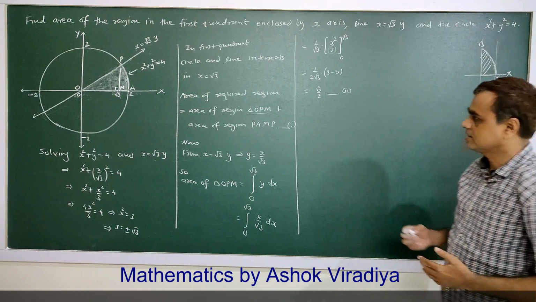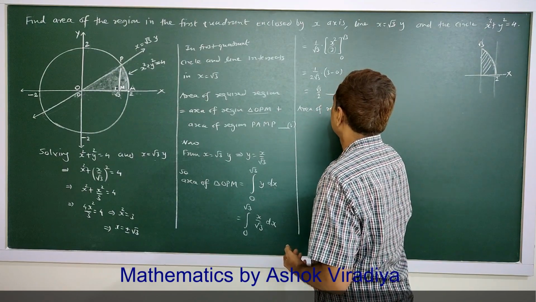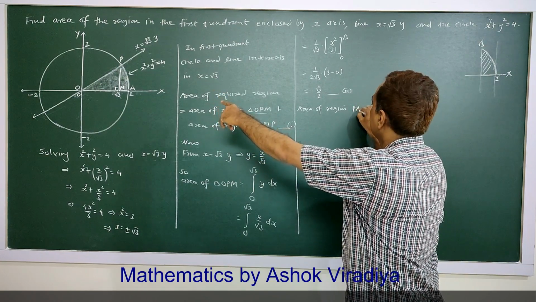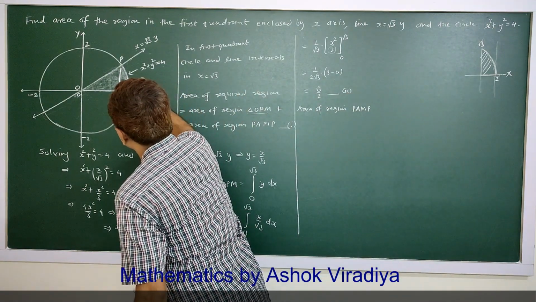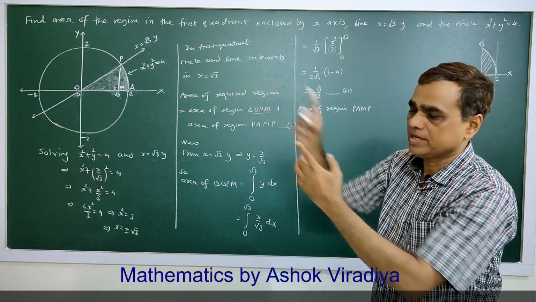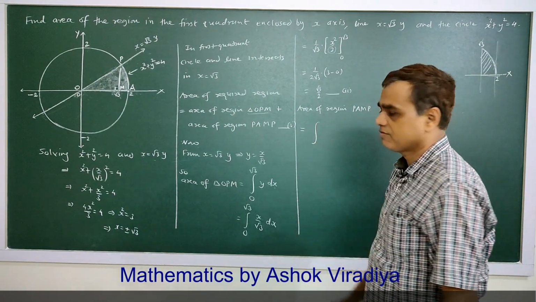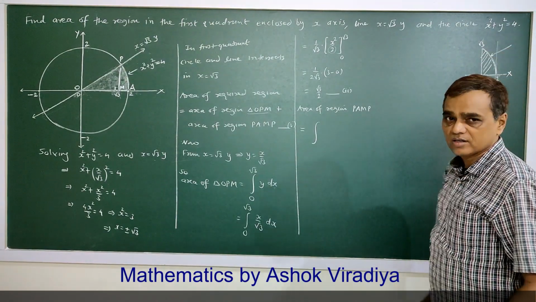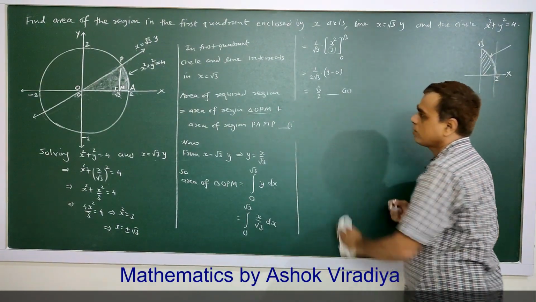So the area of region PAMP, this is A, PAMP, it is equal to the integral of the value of y from the circle. Because the value of y will be required before starting this step, let me calculate the value of y.